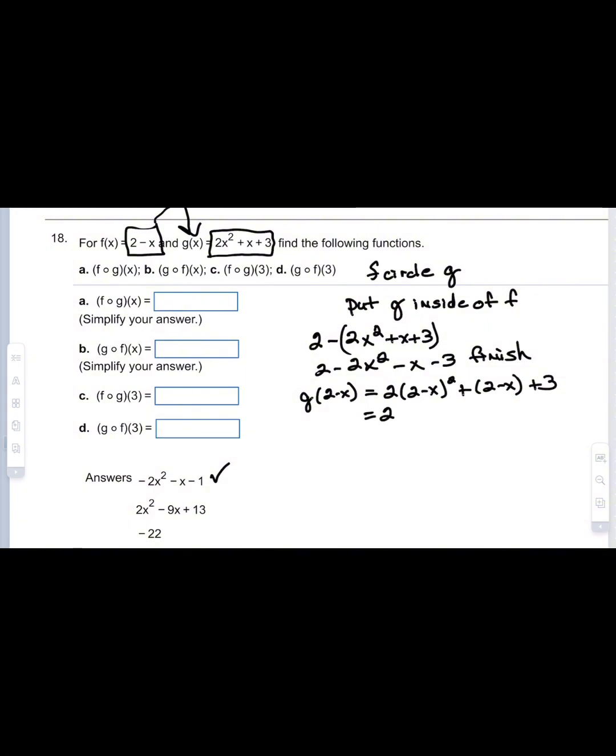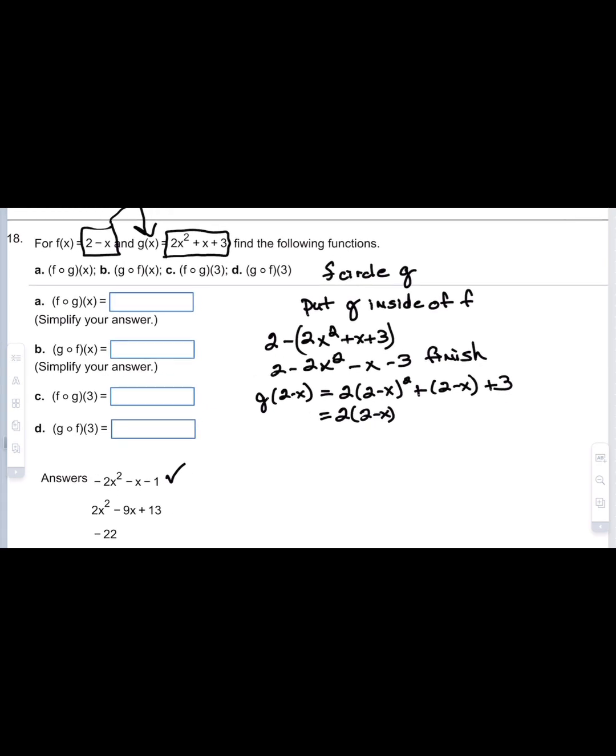So now remember, you have to multiply two quantities together. So 2 times 2 minus x times 2 minus x, plus 2 minus x, plus 3. So you have to combine everything. You have to use the FOIL method. So 2 times 2 is 4. And then 2 times negative x times 2 is minus 4x. And then negative x times negative x is plus x squared.